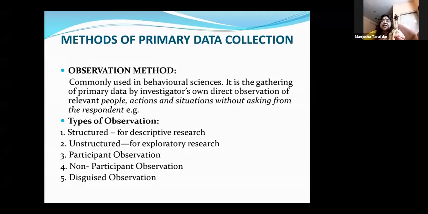As for example, types of observation, how you will observe the situation, the people, the actions: structured for descriptive research, unstructured for exploratory research, participant observation, non-participant observation, disguised observation.